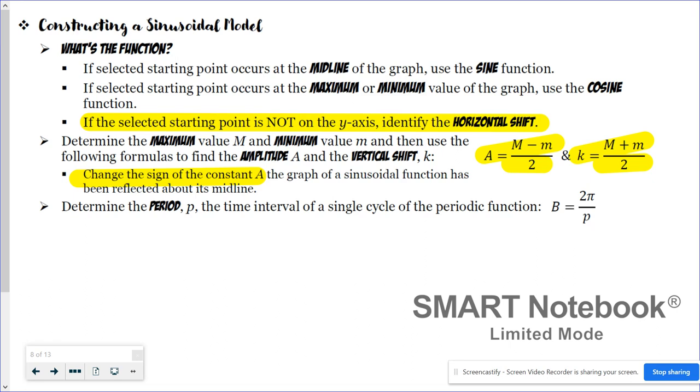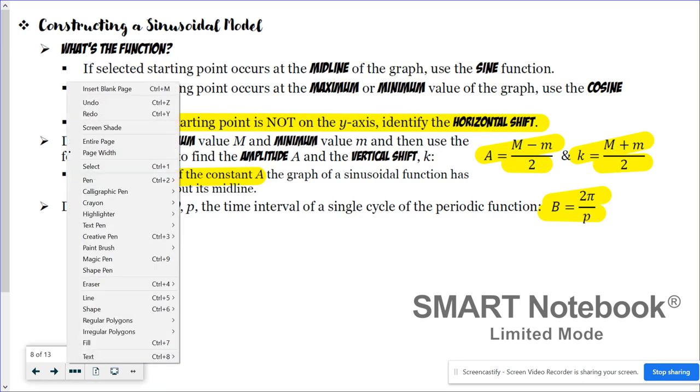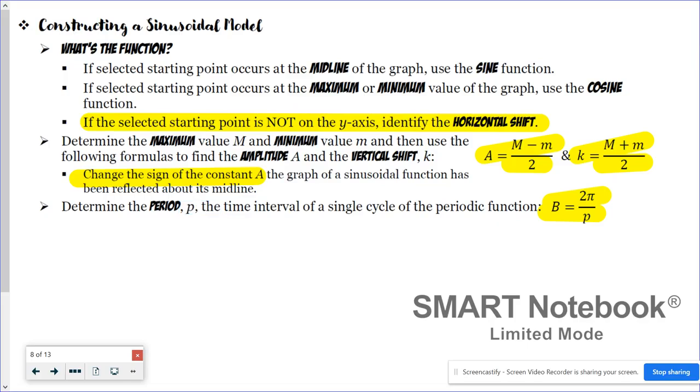And then finally, the period. You should be able to see the length of one cycle of sine or cosine looking at your graph. To get the b value, that's what goes in the function, you need to go 2 pi divided by the period. We're going to write our sinusoidal functions like y equals a, and then we'll have our trig function.